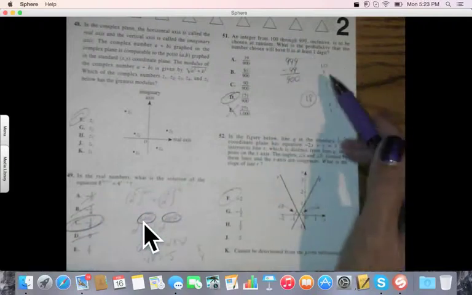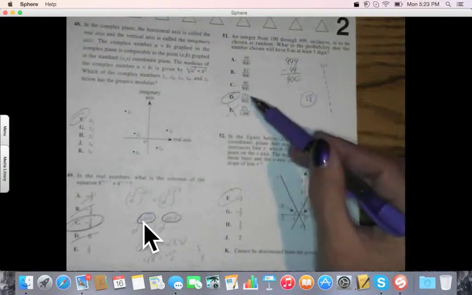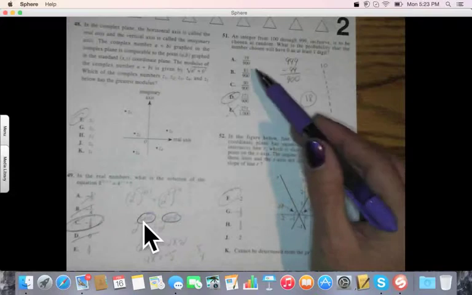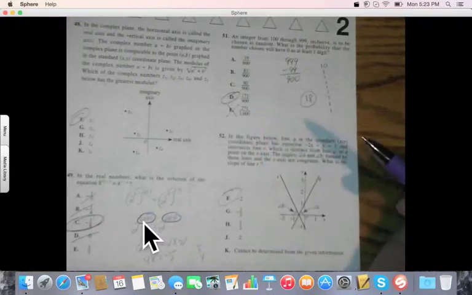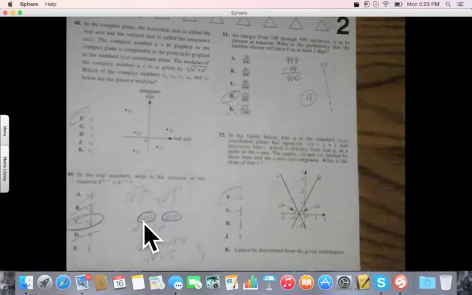I came up with something big, and I knew the bottom number had to be 900, but I was well over 90, so I knew it had to be this one. So that was the only way I could do that one, was to start writing them out as quickly as I could to look for a pattern.